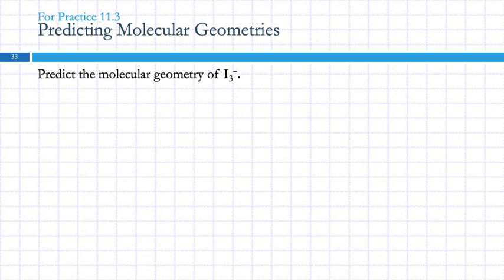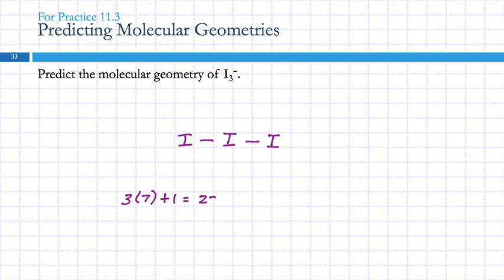Let's do I3 minus. I'll put the 3 I's in a row, I guess, right? And we have 3 iodines. They each have 7 valence electrons. And the -1 charge means I have to add an electron.